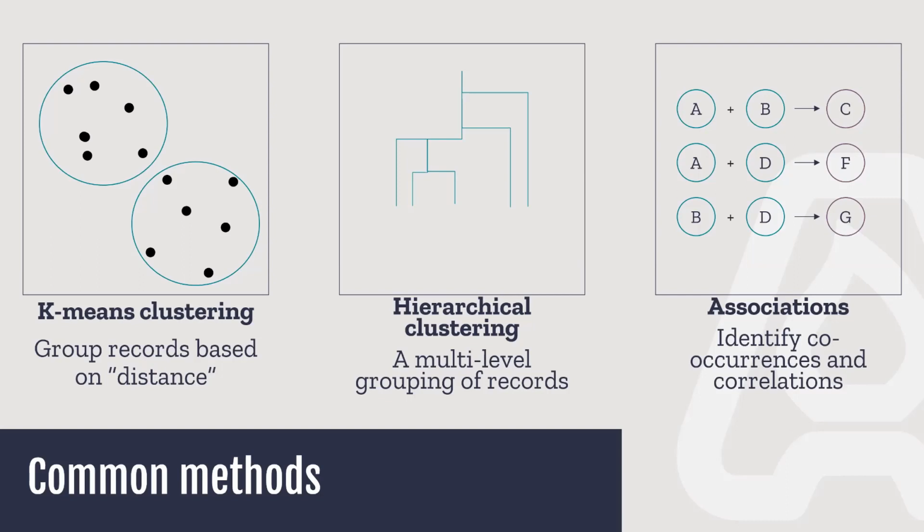We can use hierarchical clustering to basically build almost like a decision tree that, instead of trying to optimize for an outcome, for a label, builds a decision tree where the end groups are as dissimilar as possible from each other.